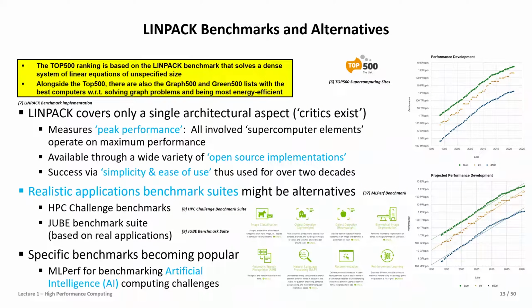So there are more and more realistic application benchmark suites that we also use, for instance, in Jülich, such as the JUBE benchmark suites, and there are HPC Challenge benchmarks, which are much more application-specific. So even if you have a Top 500 system and you're higher in the list, chances are that the application runs better on a system which is a bit lower in the list, just because the application may not need exactly what made it to the super duper Top 500 system.